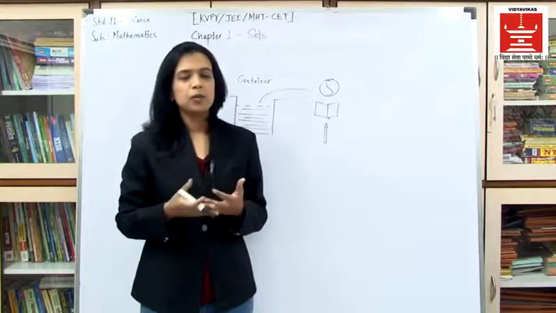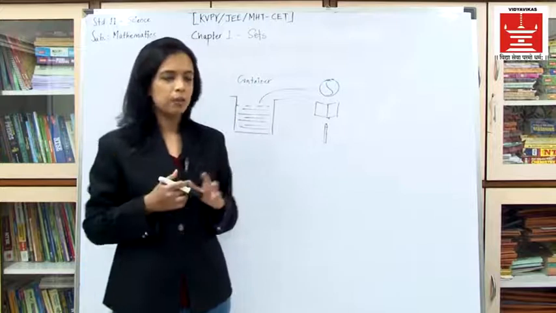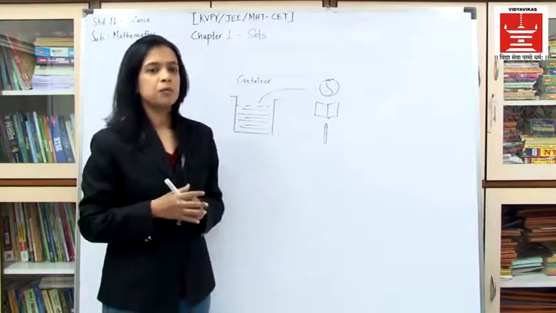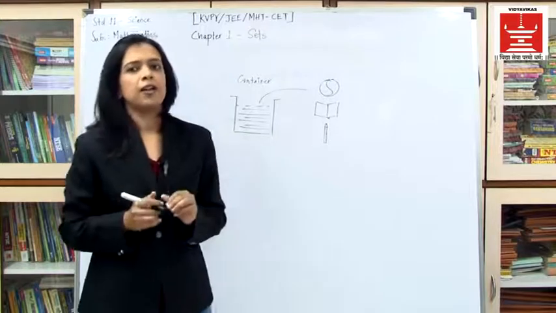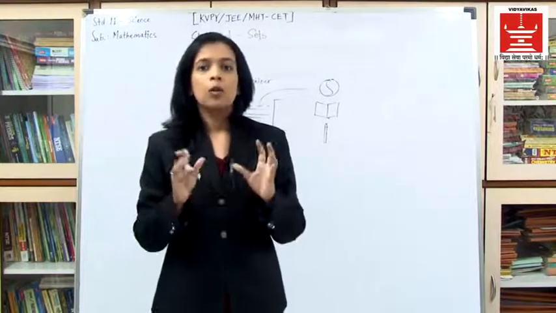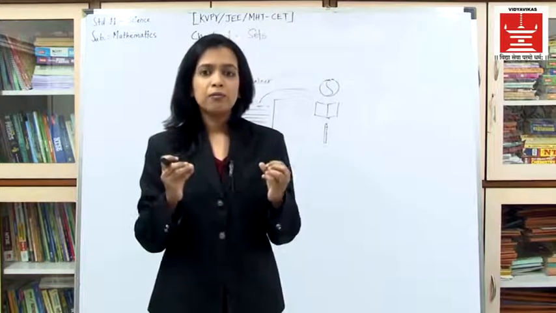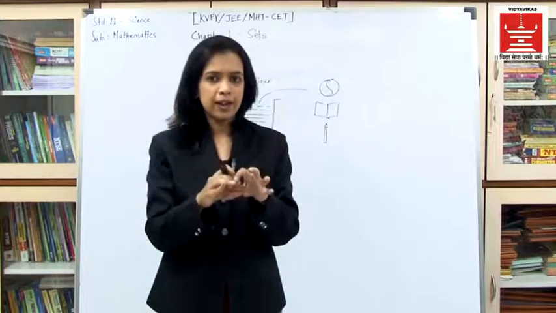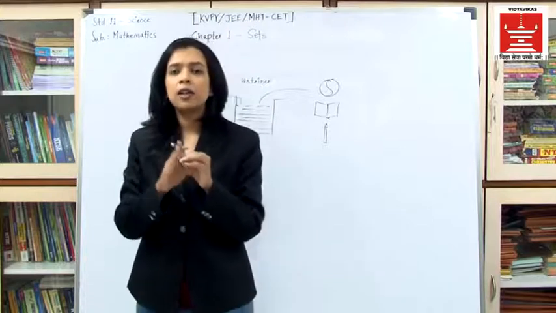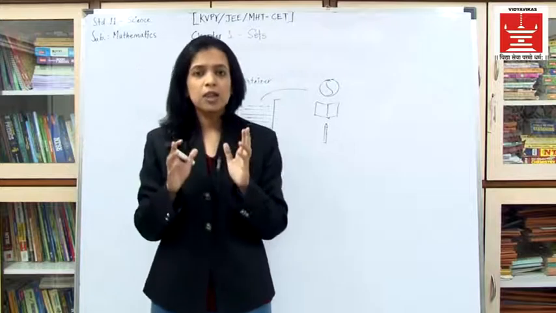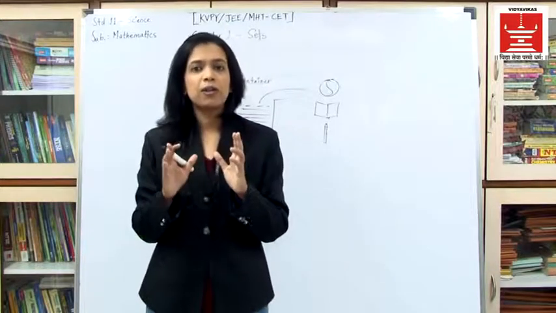We study, so there is a book. We write, so there is a pencil. But then this collection must be well defined. That means whatever we define this collection as, everyone should come under that category and nothing should be left outside of that collection. So this means the collection is well defined.